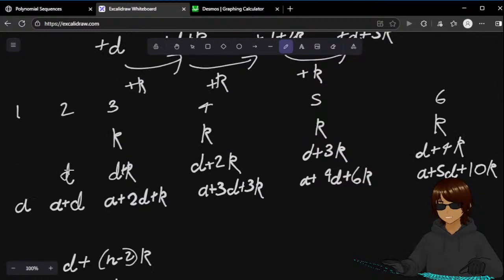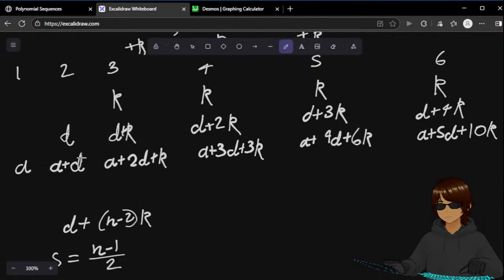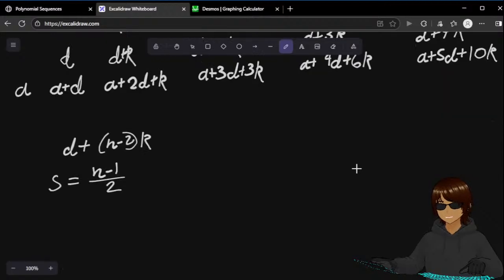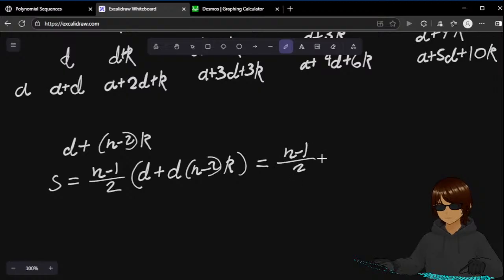So we start from here instead, which is why I'm doing n minus 1. So 6 minus 2 is 5: 1, 2, 3, 4, 5. N minus 2, first one plus last one: 2d plus n minus 2 k. This is the sum.